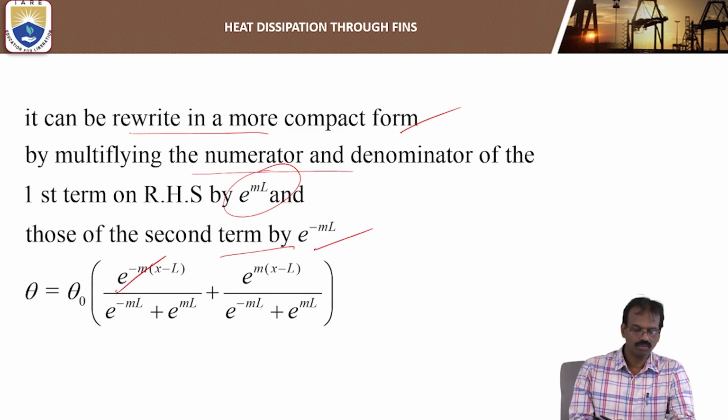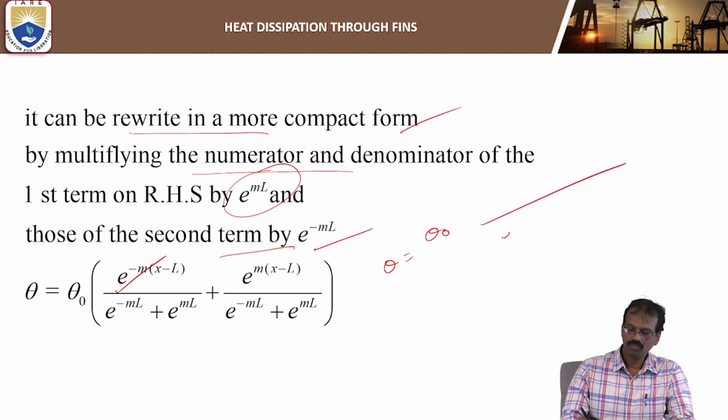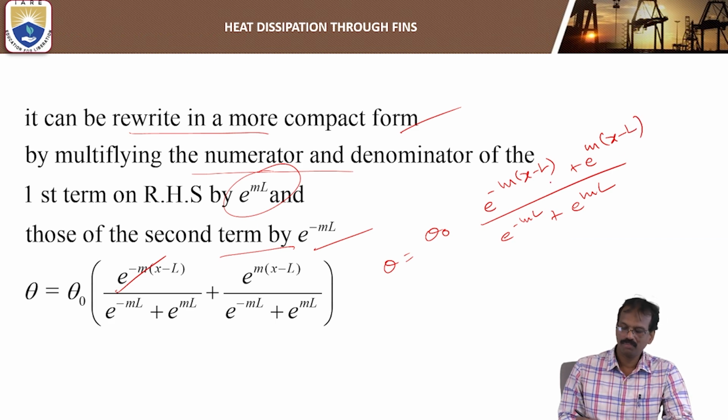Since the denominator is the same, you can write it as one term. So theta is equal to theta naught into e to the power of minus ml plus e to the power of ml into e to the power of minus x minus l plus e to the power of m into x minus l. Okay. So e power x plus e power minus x are the hyperbolic ratios.